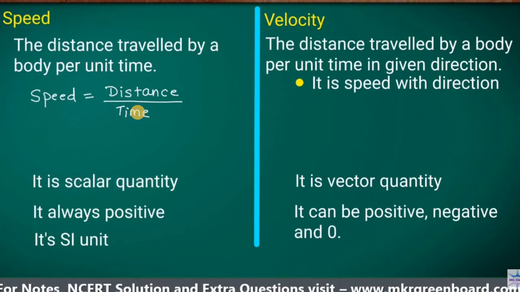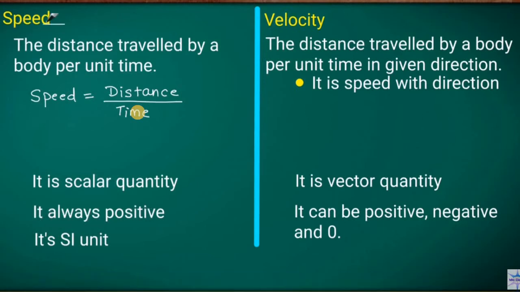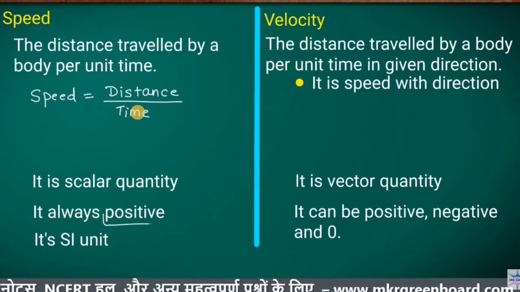Scalar means it does not require any kind of direction, and it is always positive. Its SI unit: for distance it is the meter, and for time it is the second. So it is meter per second. Here you can see in the formula of speed that it requires the distance and the time.